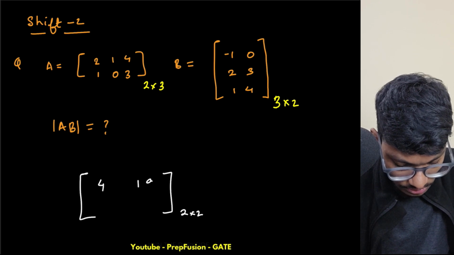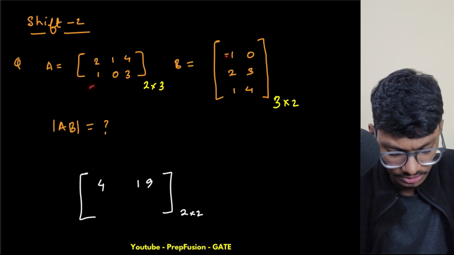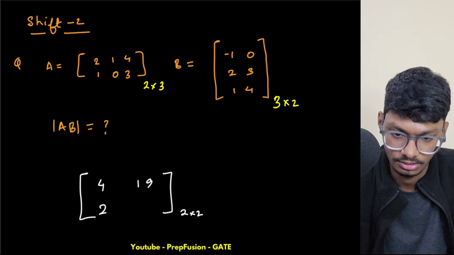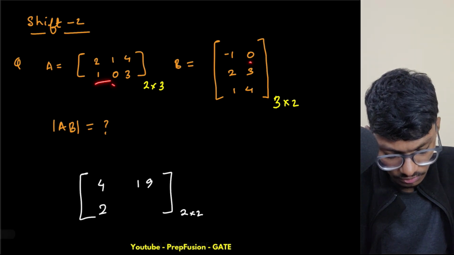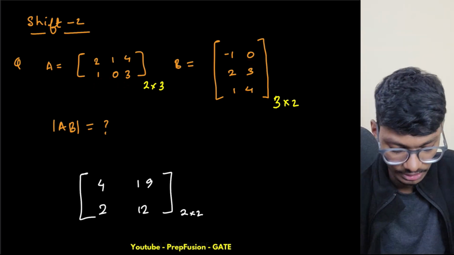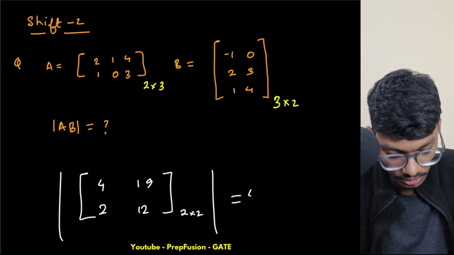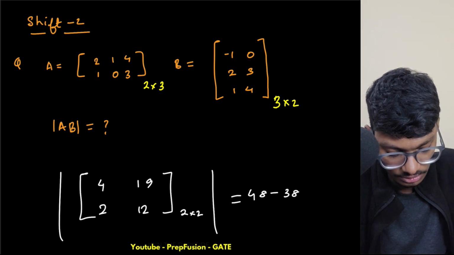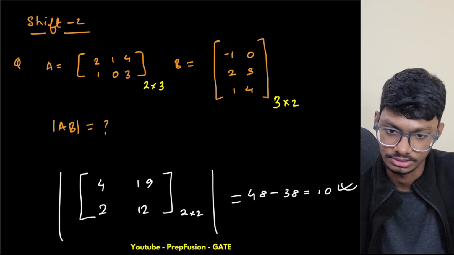Now let's go to the second row. 1 times minus 1 is minus 1, 0, and this is 3, so 3 minus 1 is 2. Then 0, 0 and 12, so this is 12, and we have to find the determinant of this matrix. Pretty simple, 48 minus 38, which is equal to 10. So the answer will be 10. This will be my answer of this question.